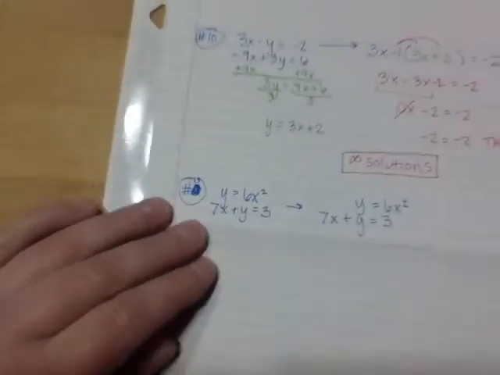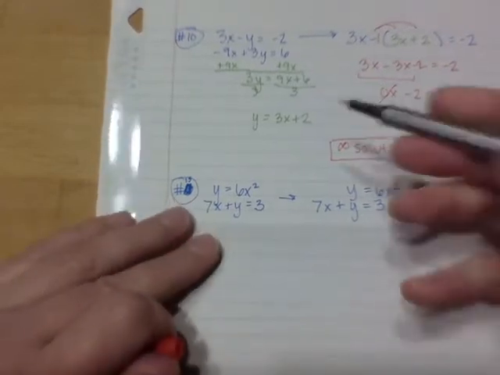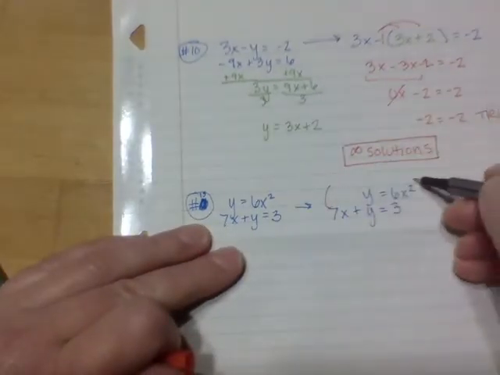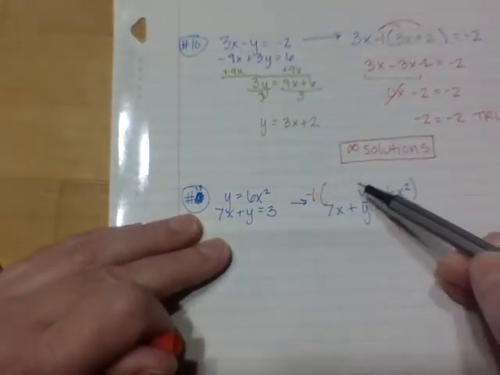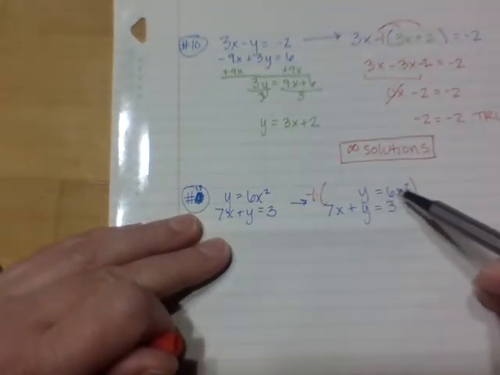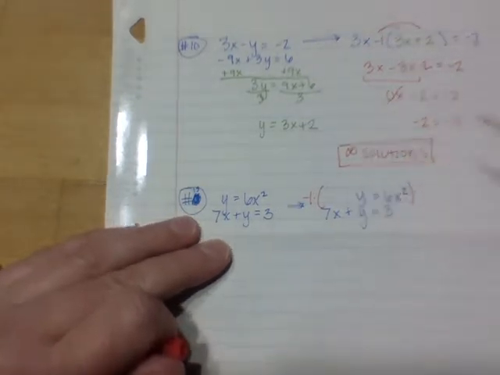So notice that they actually already set it up to be distributed by a -1 to eliminate, because if I make this a -1 and this a -6, I can add them and end up getting rid of my y's.